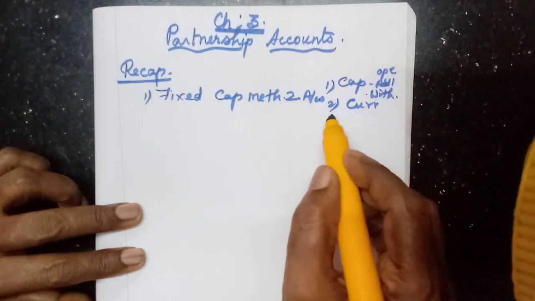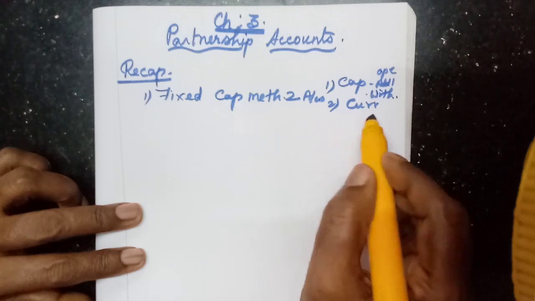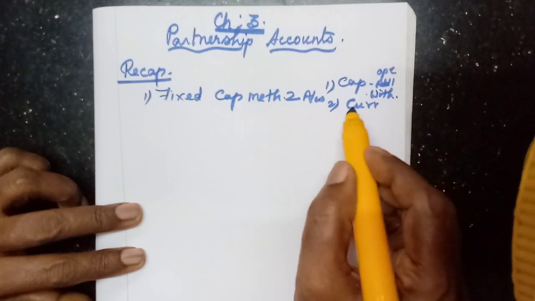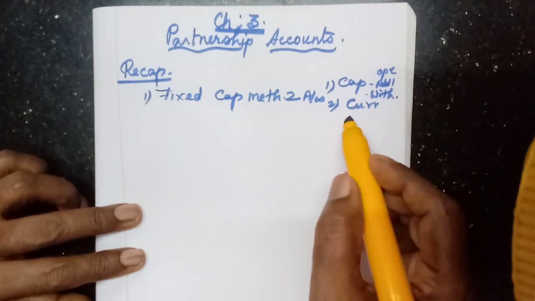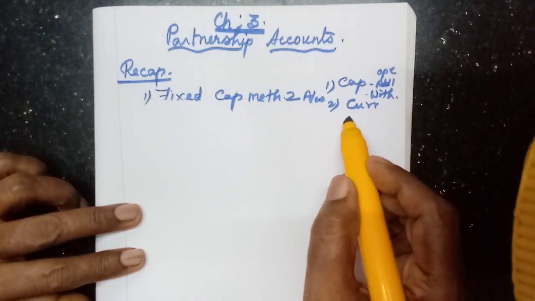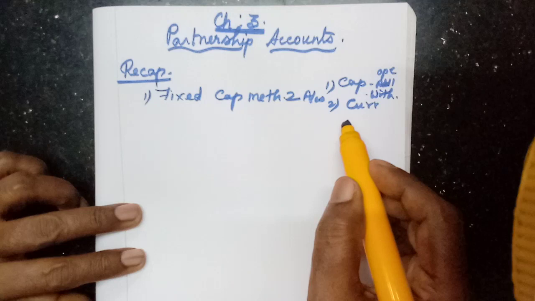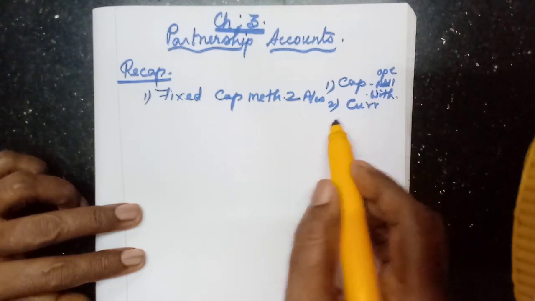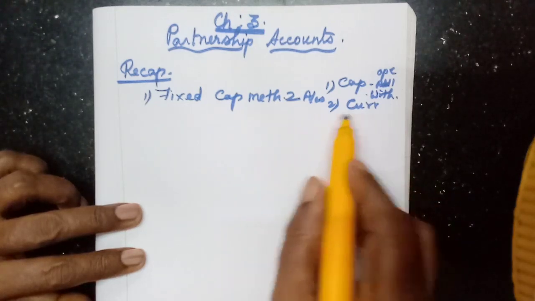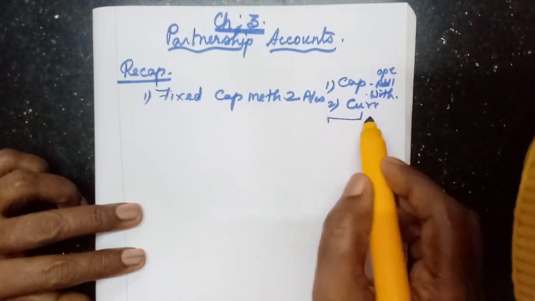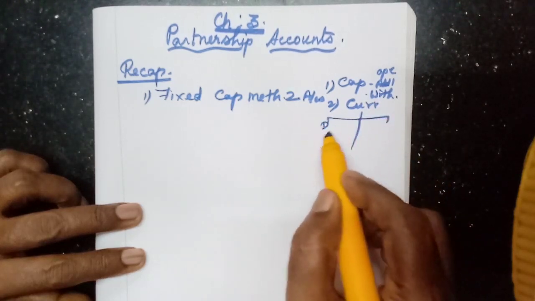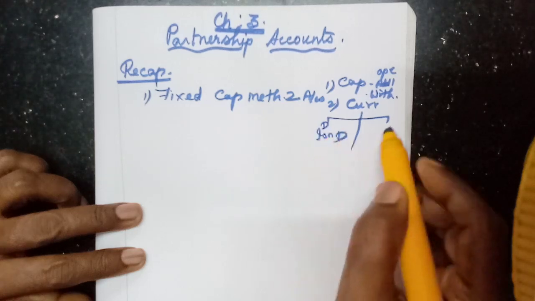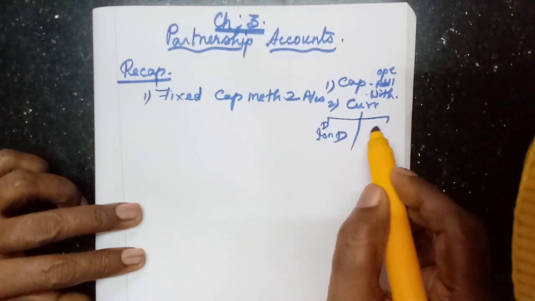In current accounts, all the other adjustments we will make. Any opening balance will also be there; that we will take first. Then the salary paid to the partners, interest on capital, interest on drawings on the debit side. Then drawings, and all the other things.